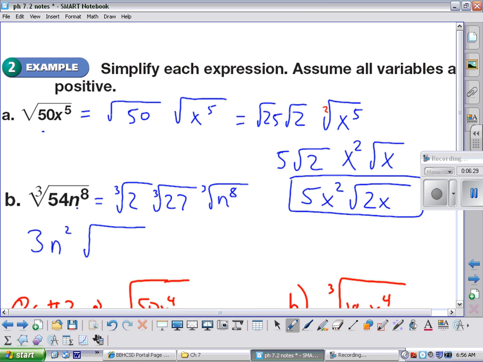And what's left under my cube root sign? This 2 right here, and 8 divided by 3 is 2 with 2 left over. So n squared is left underneath the cube root sign.